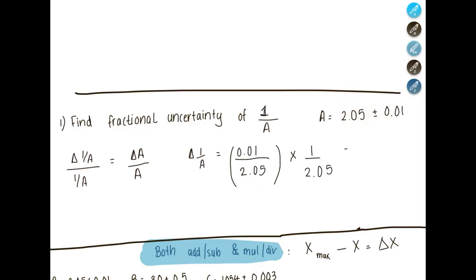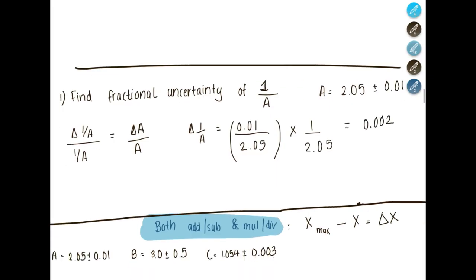This is going to give you almost 0.002. So you can write it like this. 1 by a is 0.488, because that is the value for 1 by a. This is 0.488 plus or minus 0.002.